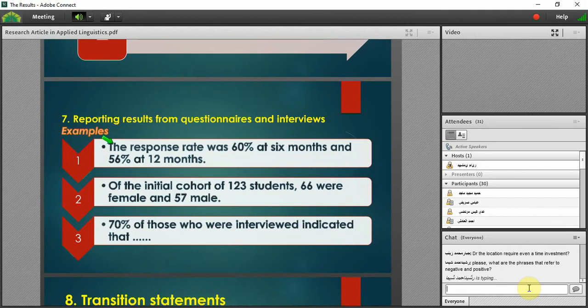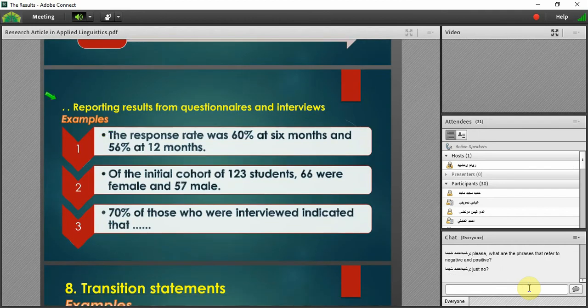And what about 7? I will get back to the first slide. Let me finish the first round, then I will tell you more about the results section. My dear students, in the results section, you should report the results from questionnaires or interviews, okay?